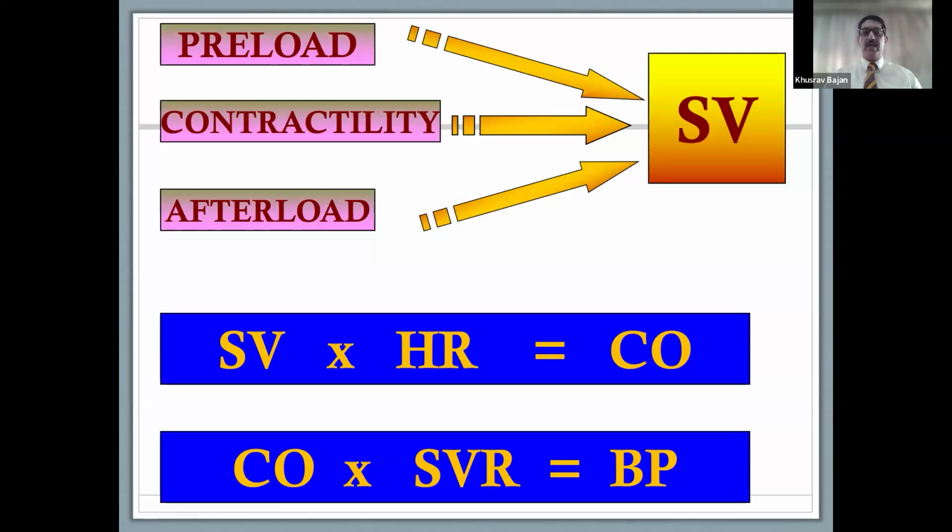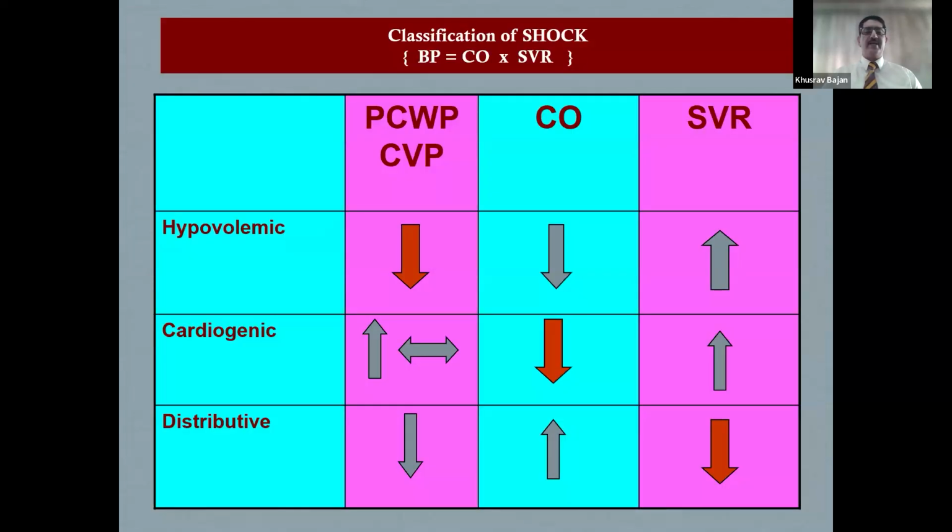But when you are looking at blood pressure, remember, there are so many factors which cause this BP: the systemic vascular resistance, the preload, the contractility, and so on. For example, if we divide our shocks into hypovolemic, cardiogenic, and distributive, we also know that blood pressure is cardiac output times SVR.